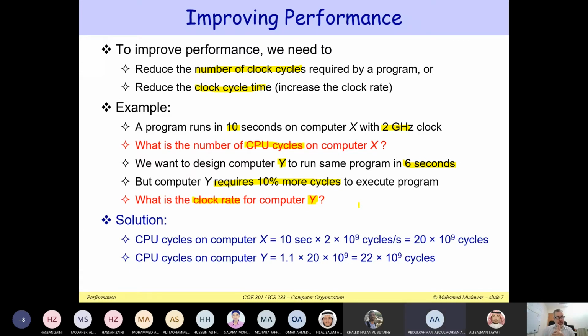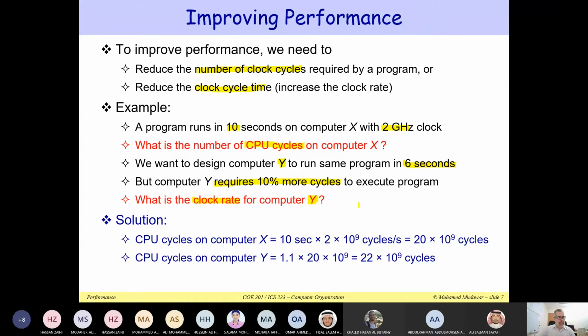Yes. Now, in order to calculate the clock frequency on computer Y, we need to execute 22 billion cycles in 6 seconds. Because it says that we want to design a computer Y to run the same program, but now the same program has 22 billion cycles. I would like to execute these 22 billion cycles in 6 seconds.